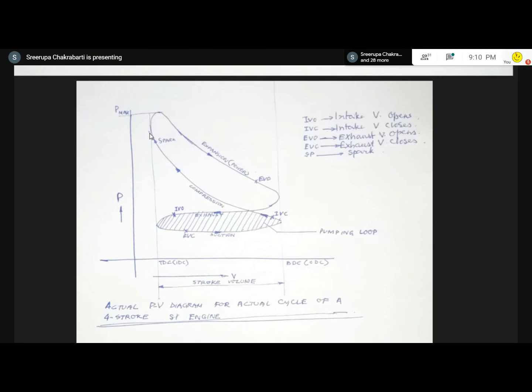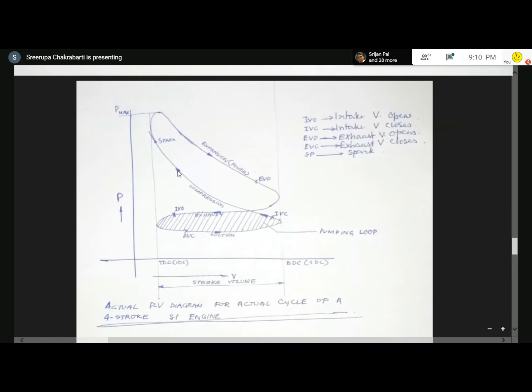That means if you draw the temperature-entropy diagram, it will be associated with an increase of entropy. Now, in the actual cycle, the compression should be from the bottom dead center to the top dead center. The compression should be over at the top dead center.